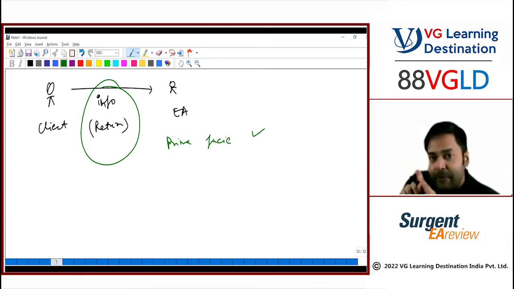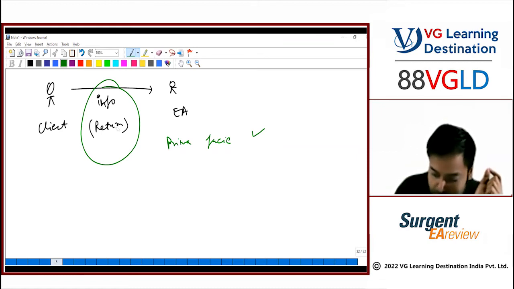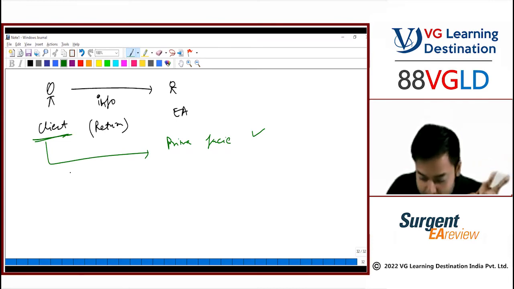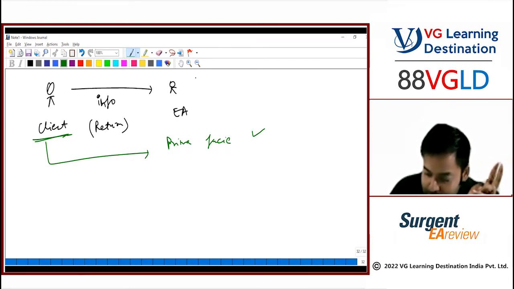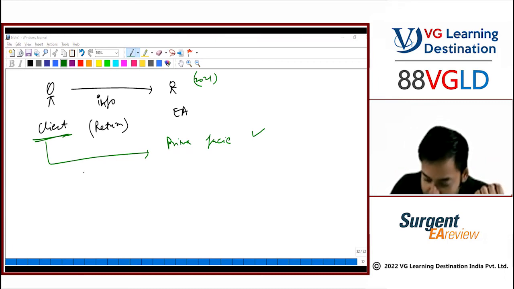But if the information is giving you contradictory things, right? For example, the client has given you two tax returns. The client has hired you in the year 2021 as an EA for the purpose of filing the return, and the client has given you the return for 2020.